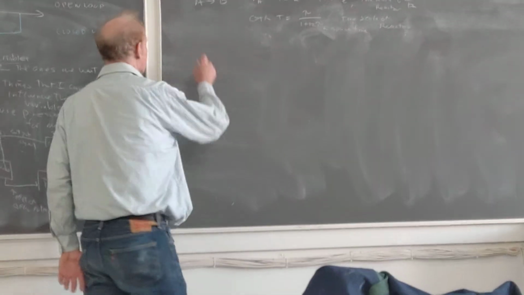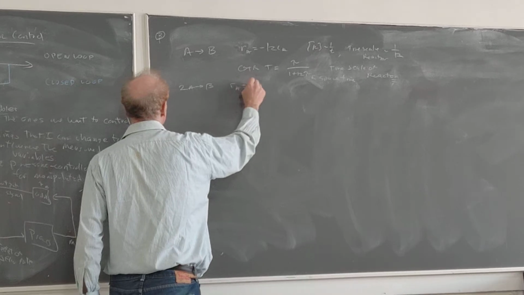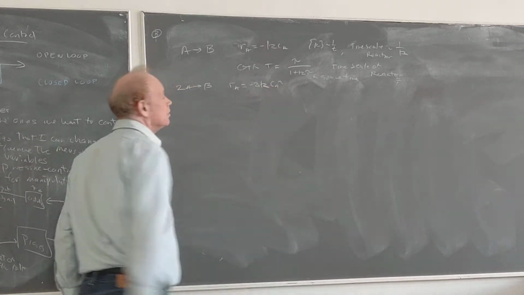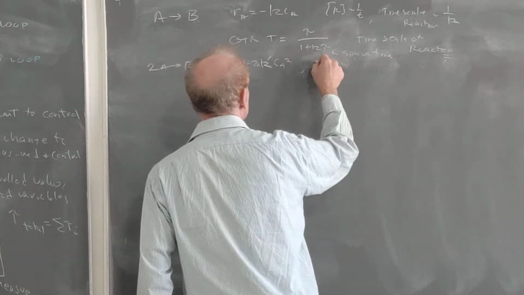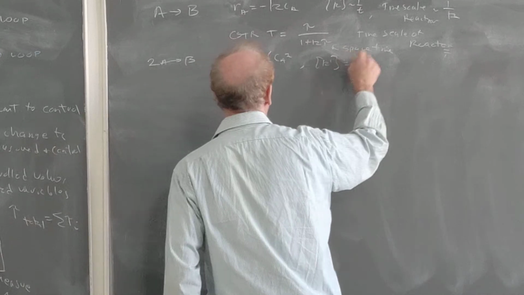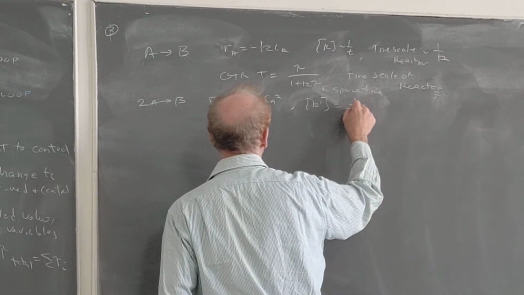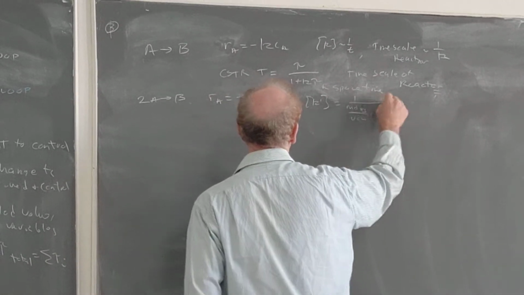If I had a second-order reaction, 2A goes to B, RA equals minus 2k Ca squared, or k prime. So here the units of k prime are 1 over moles per unit volume times time.